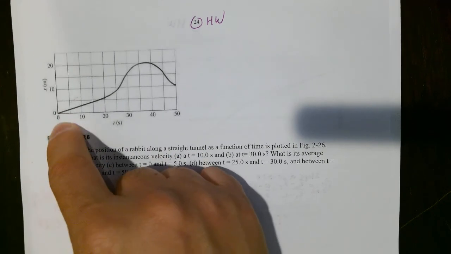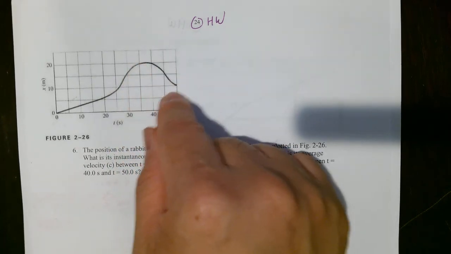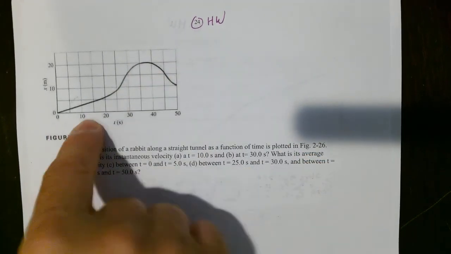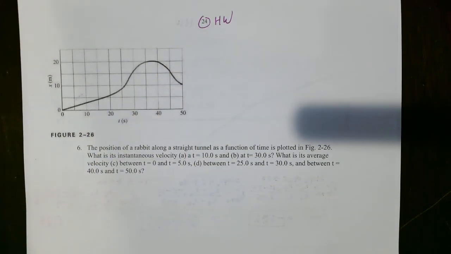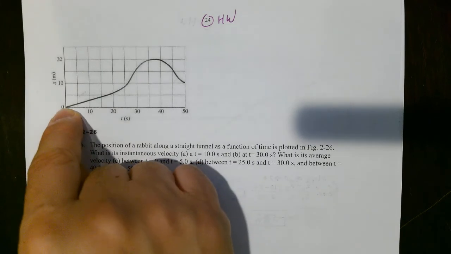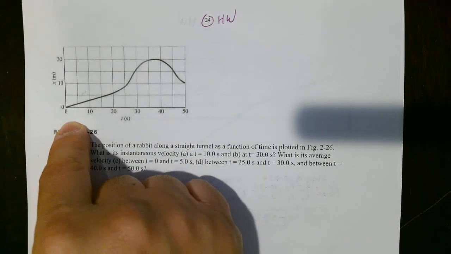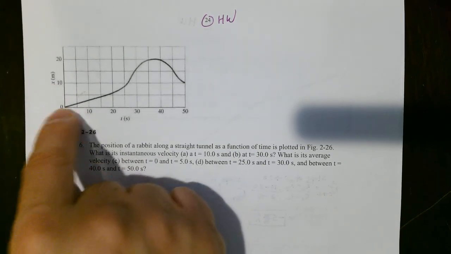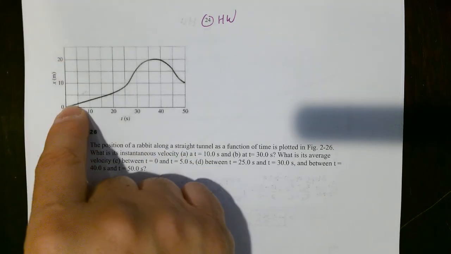So this rabbit is not going up the side of a hill and then over the mound and down the hill. This is not a side view of a rabbit running up a hill. This is actually a position versus time graph where a rabbit is only going along the x-axis, which is the tunnel, going in and out like that, I guess, right?